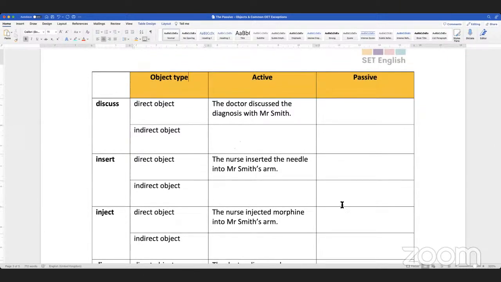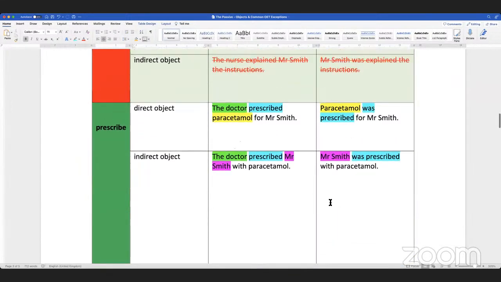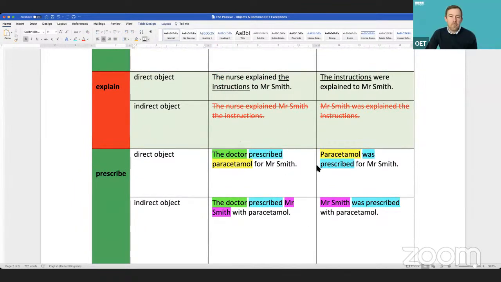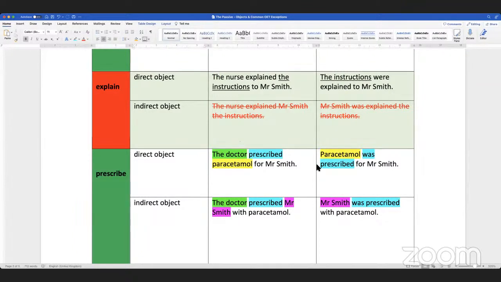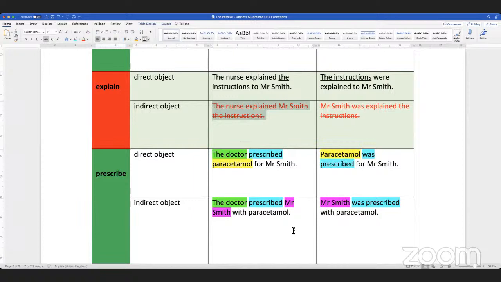I'm a little confused with the explanation of prescribe and explain, because when we were doing the active form of explained, the nurse explained Mr. Smith the instruction, it sounded not right in my ears. Then prescribed too, the doctor prescribed Mr. Smith with paracetamol, it also sounded not good. I know.